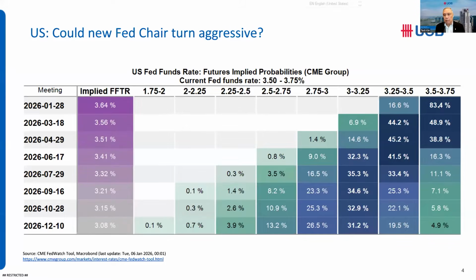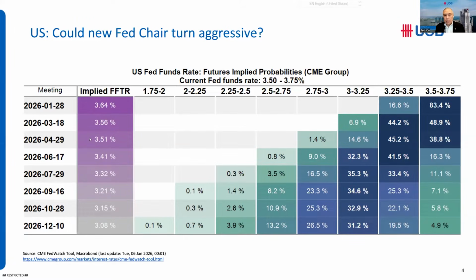So this is just to give you a sense of where things are right now. January, 83% likely to stay, no change. But if you look across on the left side, this 3.6% is roughly about 3.75%. And then if you look at the changes by June, it seems that there will be 1 rate cut already. By April, June, that's where the Fed chair will be appointed, in May.